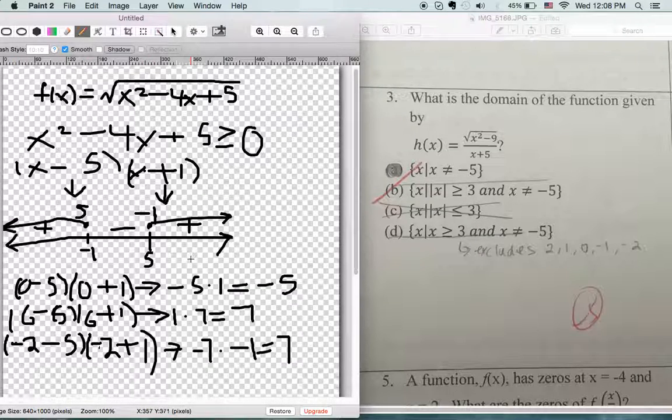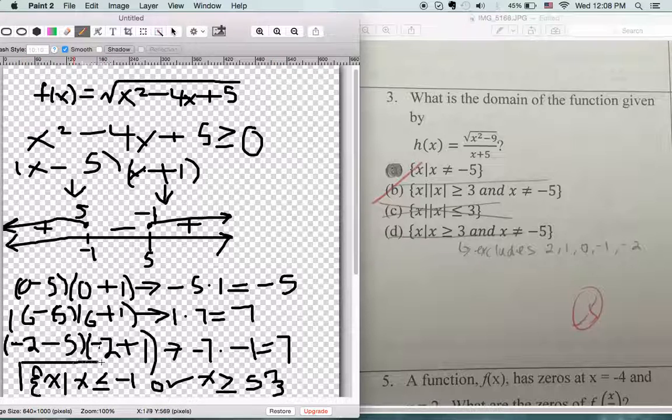So your answer, your domain, your x value, is x such that x is less than or equal to -1, or x is greater than or equal to 5. And that's how you solve for the domain of this problem.